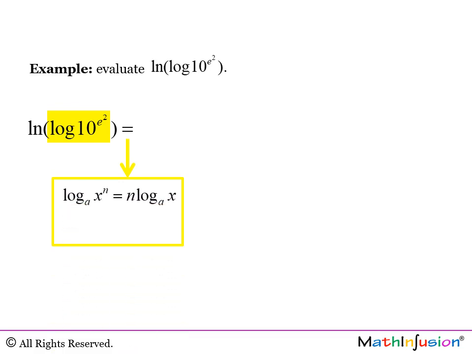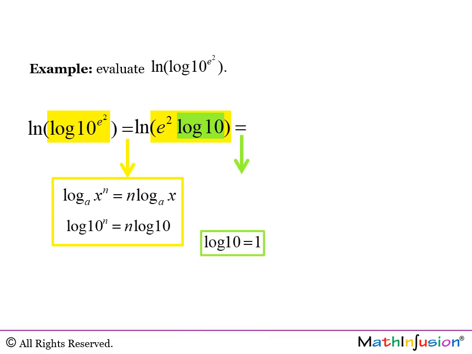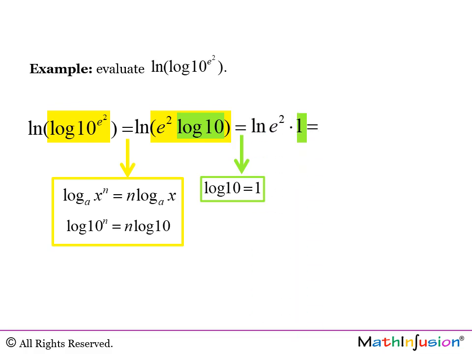We are going to apply this law of logarithms to get that this is ln of e to the power of 2 times log of 10. But we know that log of 10 is log base 10 of 10, which is 1. Using that, this is like log base a of a is 1, and in this case a equals 10. We get this.